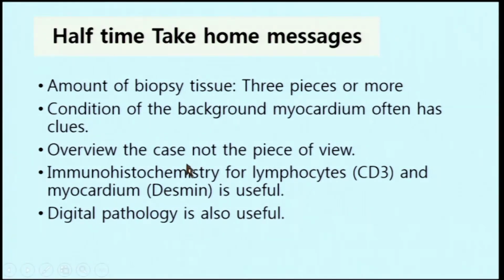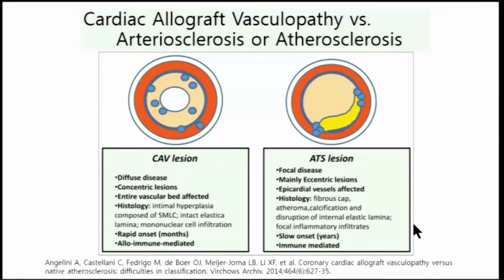An overview of the case, rather than just viewing a small piece of myocardium, is necessary to avoid mistakes. And immunohistochemistry for CD3 and desmin is very useful. And also digital pathology, reviewing and comparing, is very useful to avoid any mistake.